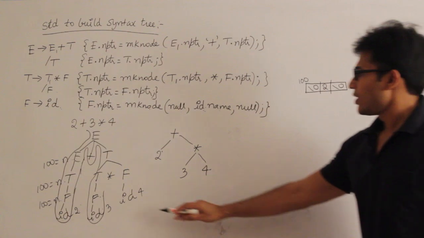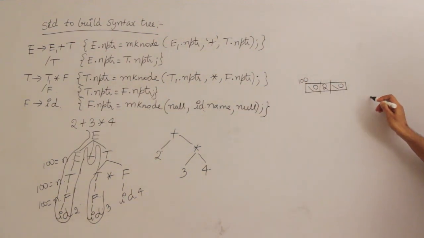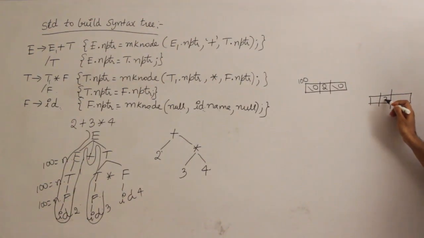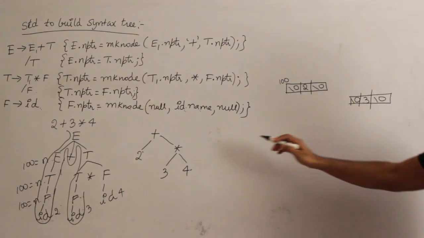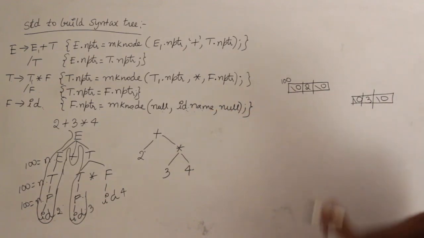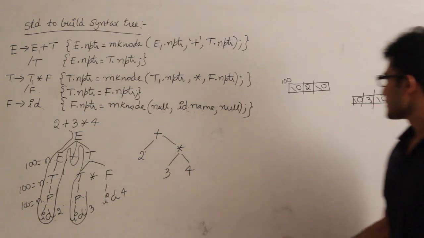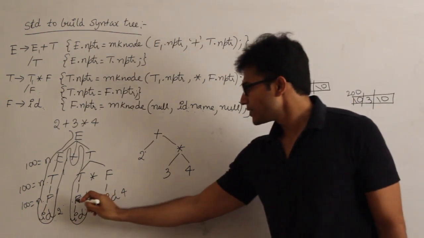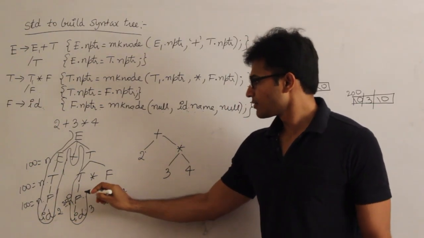Now for this we are going to create a node, and let us say the node value is 3 and the left side is null and the right side is null. Let us say the address of this node is 200, just for the assumption, and now f.nptr equal to 200.